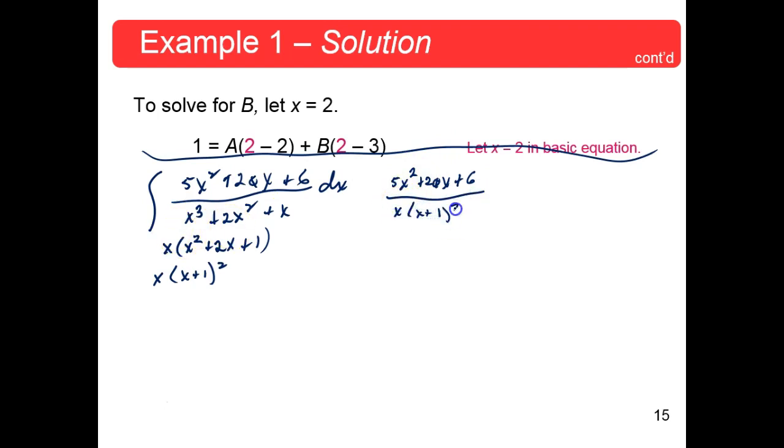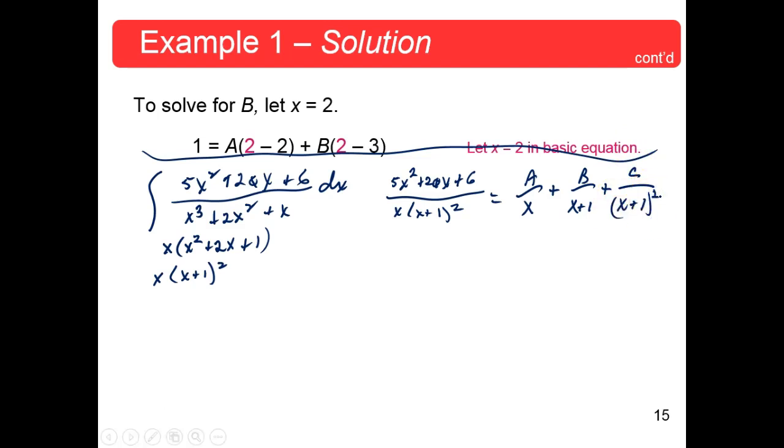But there's not, okay? That over, I'm going to go on and write this in factored form, x times x plus 1 squared is equal to, now what will we do with the right-hand side? Okay, we'll have a over x plus b over x plus 1 plus, okay, if you want to do c. The book kind of likes b1s and b2s. I don't care. C is just as good for me over x plus 1 squared.